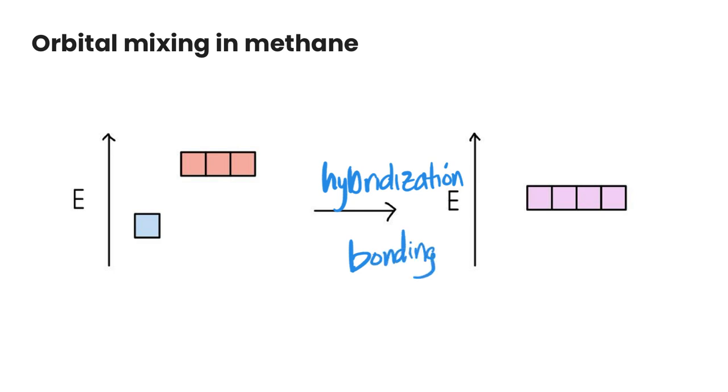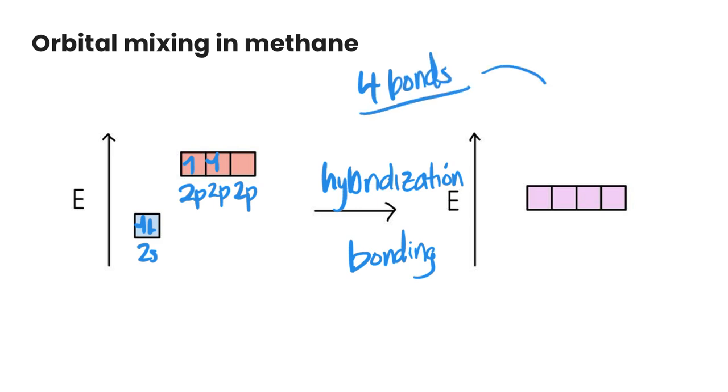So in carbon, we can take these 2 electrons in a 2s orbital and the 2 electrons each in 2p orbitals, and we want to create 4 bonds of equal length and strength. To do that, we need 4 hybrid orbitals, because we would need 1 unpaired electron in each of the 4 different hybrid orbitals in order to create a geometry that has 4 bonds of equal length and strength.